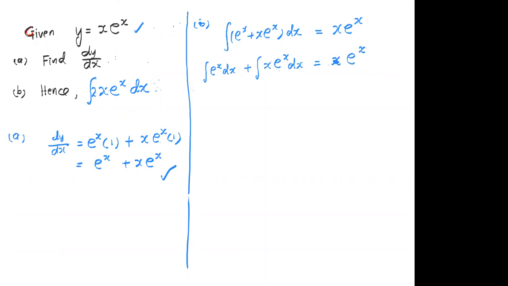Okay, I still didn't look at my problem. I just know that my problem got this there. So I just let it be first. I don't care about the 2 first. Now I have to ask myself, do I know what expression when I differentiate, I will get e to the power x?